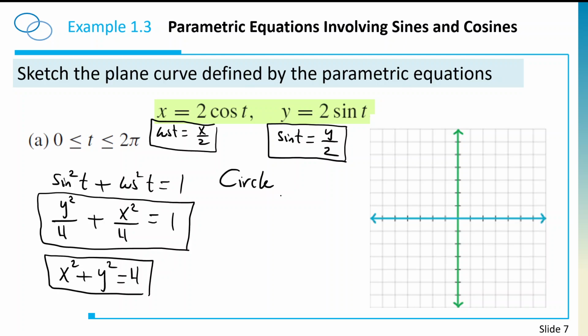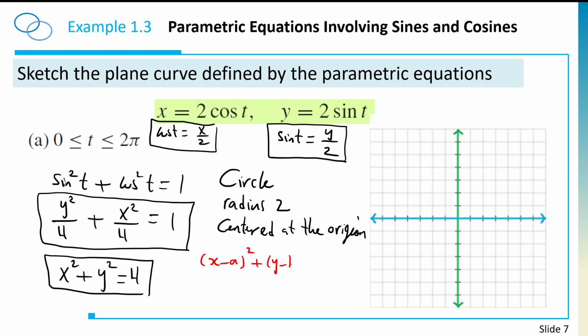Okay, so this is a circle equation with radius of 2 and centered at the origin. Remember the general form of the circle equation: x minus a squared plus y minus b squared equals r squared, where r is the radius and the point (a, b) is the center.